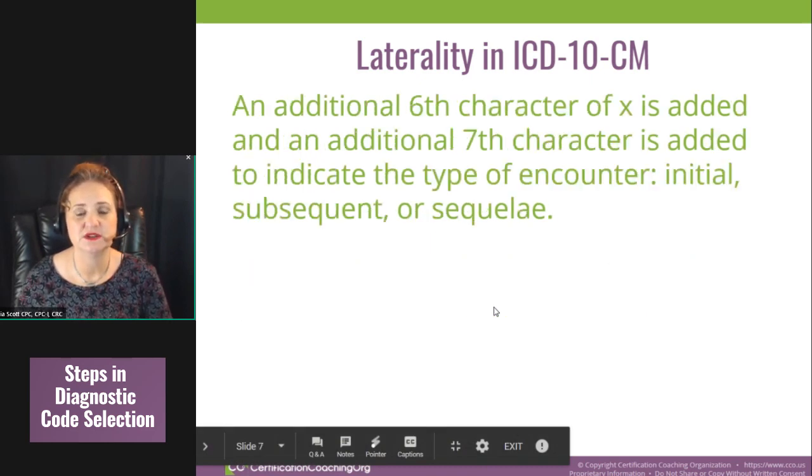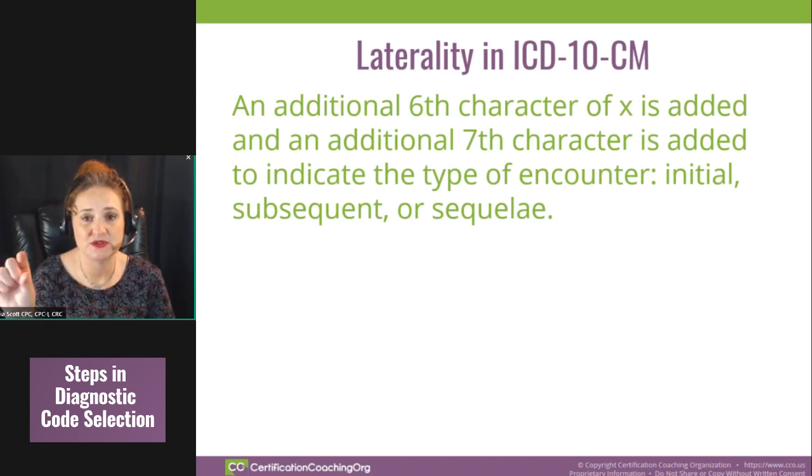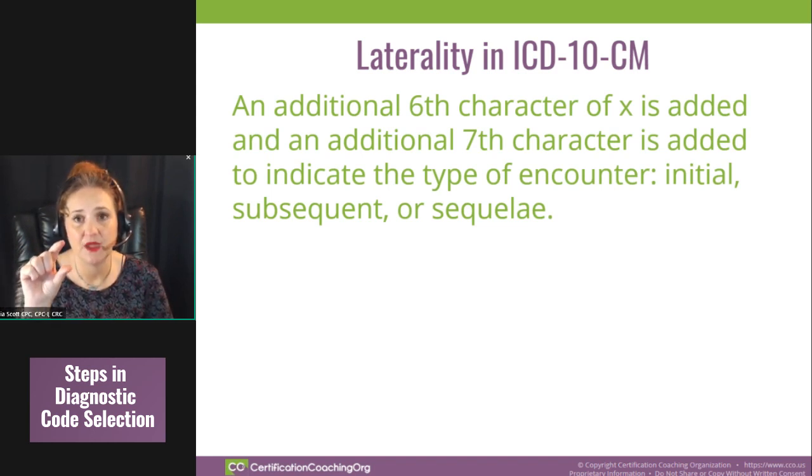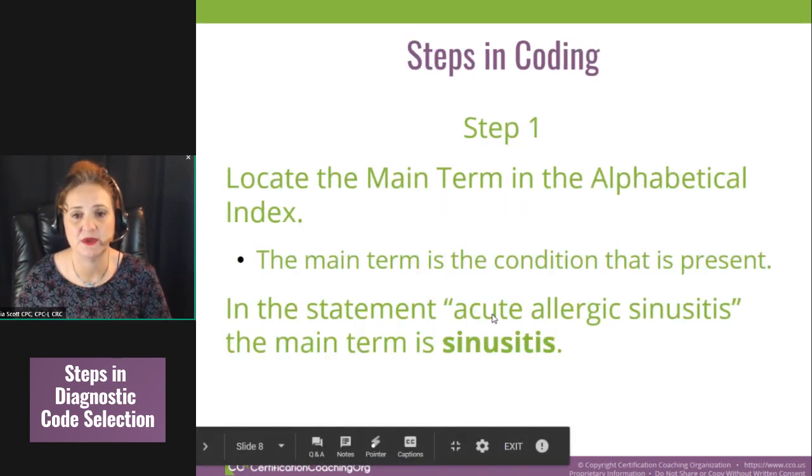Laterality, again, is going to be the 6th character and the 7th character usually, but for initial, subsequent, and sequela. But if we need a placeholder, where it's not applicable, we'll just use an X. So don't freak out when you see an X in the code set. That doesn't have a definition other than it's a placeholder. It's not applicable for whatever reason, or we don't have that information.